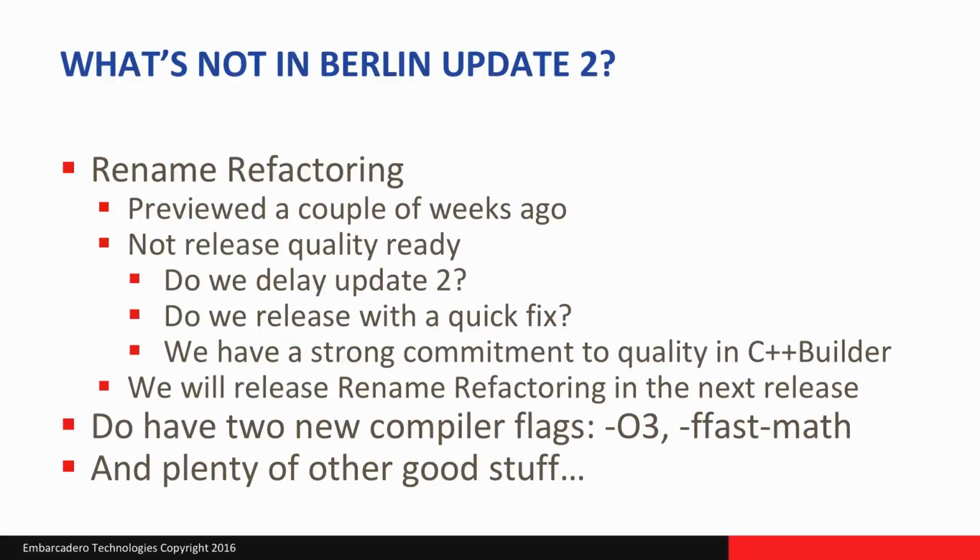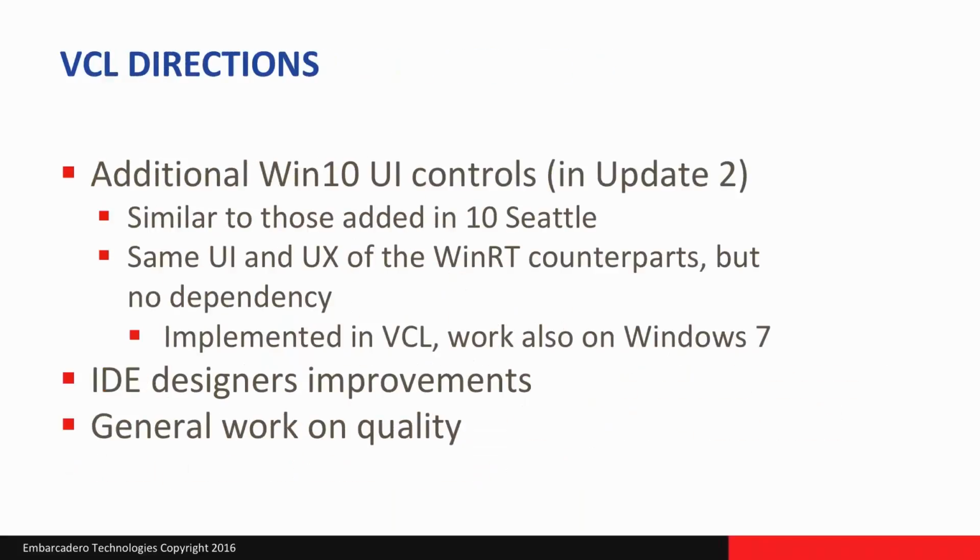So we now offer O3, which is the highest optimization level, and that's available on the command line in Update 2. And also fast math, so if you want to benefit both from extra optimization and if you have math libraries that take advantage of fast math support, then we have that in Update 2, and of course we have quite a number of quality fixes as well. We also have quite a lot of other really good stuff in Update 2, which I want to go on and show you.